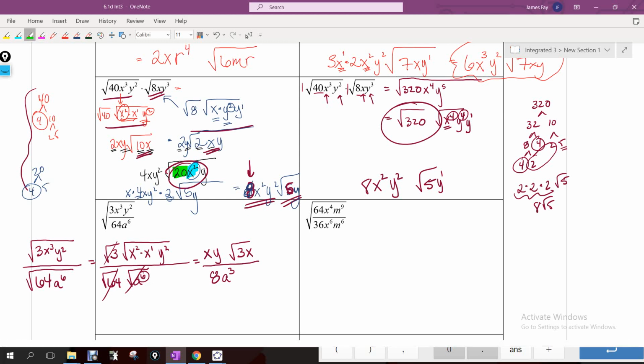The one thing to pay attention to when you do this is to make sure that these things are fully simplified out front, that there's no common factors there, which I think we might see here in this next one.